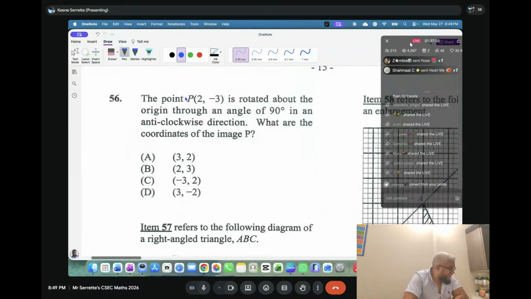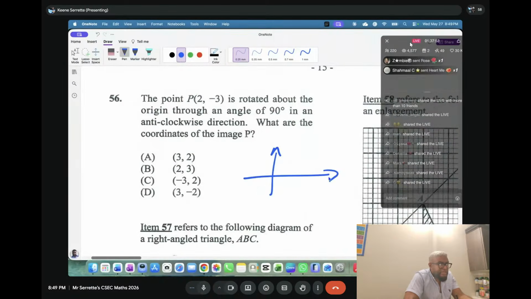So we hit the repeat line here. The point P, which is (2, -3), is rotated about the origin through an angle of 90 degrees in an anti-clockwise direction. What are the coordinates of the image P? If I plot this, (2, -3) will be underneath here. Then I rotate 90 degrees anti-clockwise.